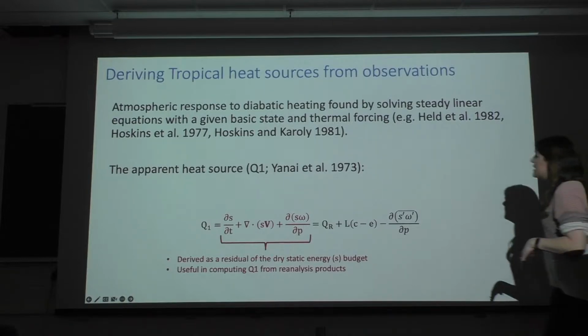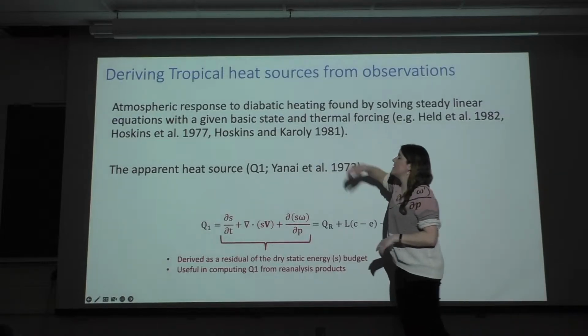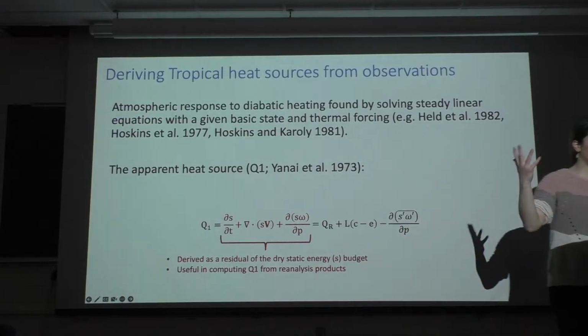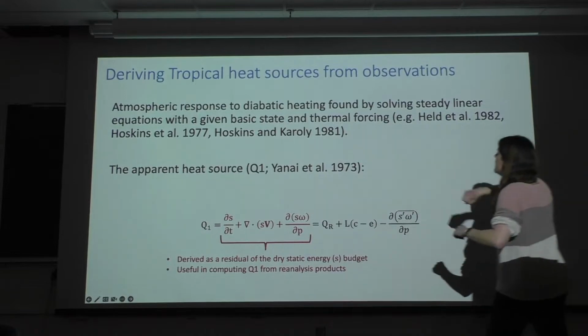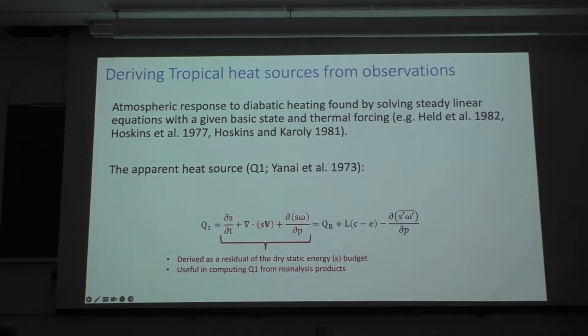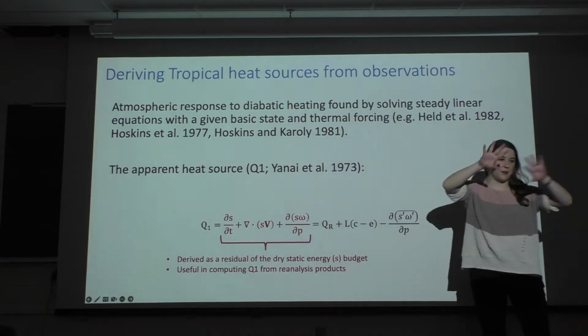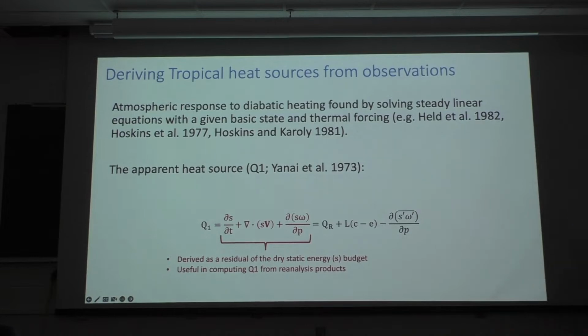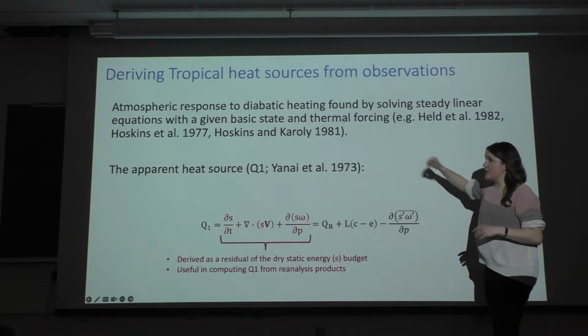Right, so if you take some heat source, such as the MJO, and you put it into a simple model where you solve the steady linear equations about some mean state, some mean flow, or basic state, then what you get is the circulation response to that forcing. This was used a lot to understand Rossby wave theory.